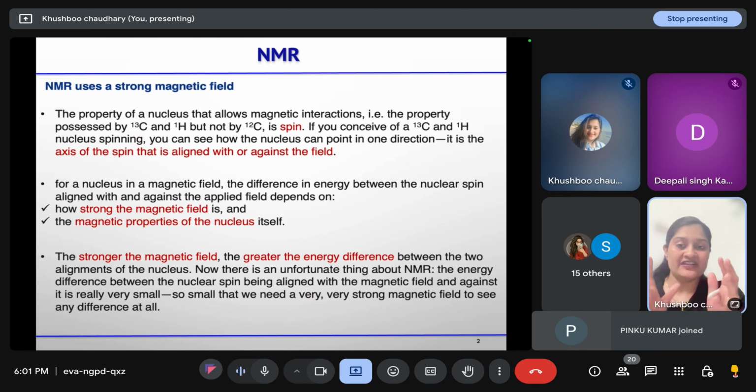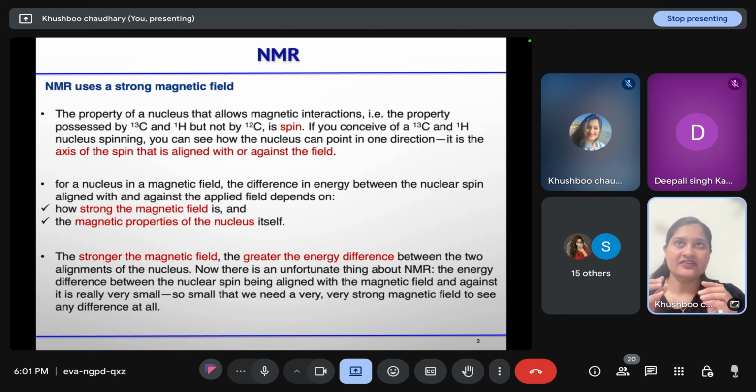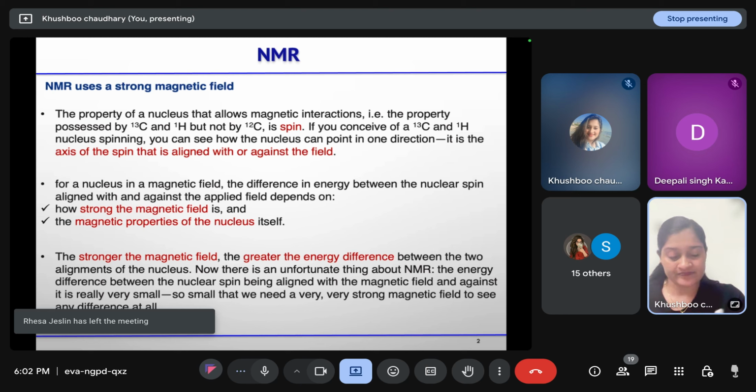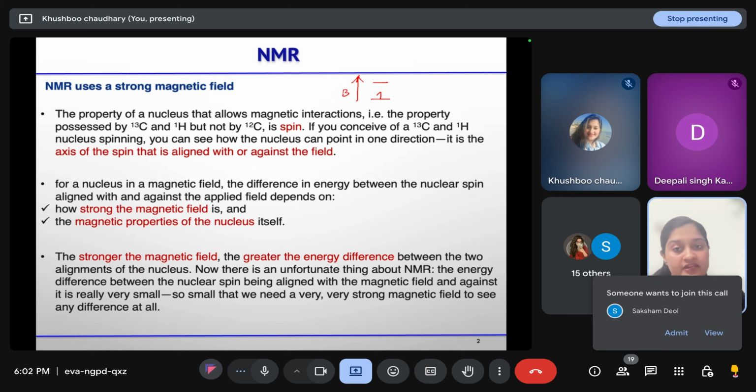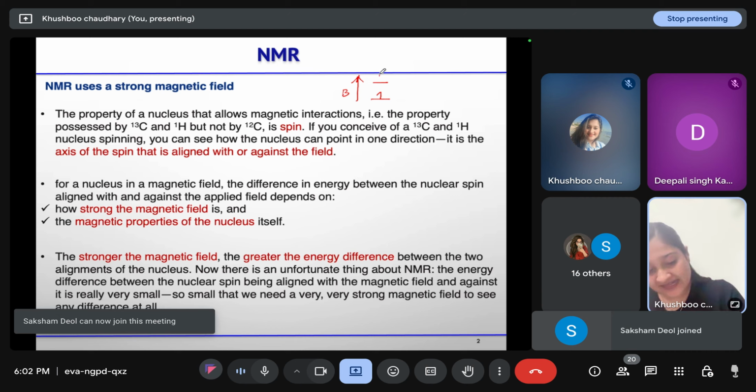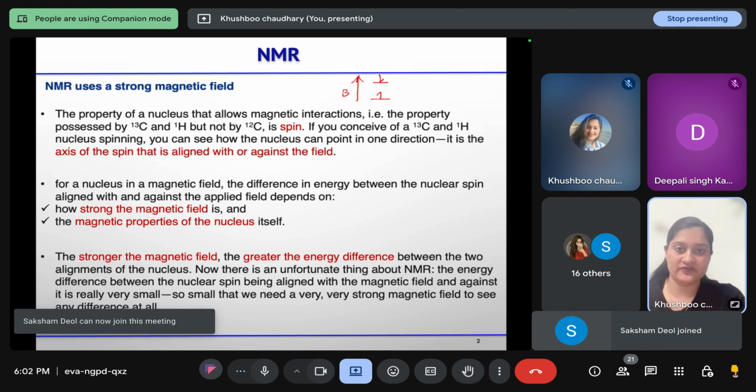Now let us study the basics. In NMR, we use a strong magnetic field and put our molecule, or our nuclei, in that magnetic field, and then we see the changes in those nuclei. We know that for a proton we have two energy levels, and if we apply a magnetic field, the nucleus can align itself along the field or opposite to the field.